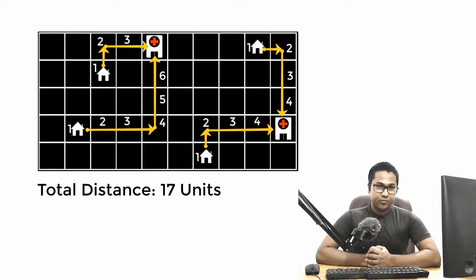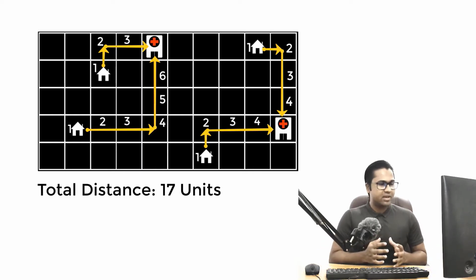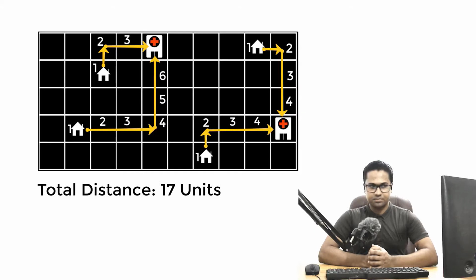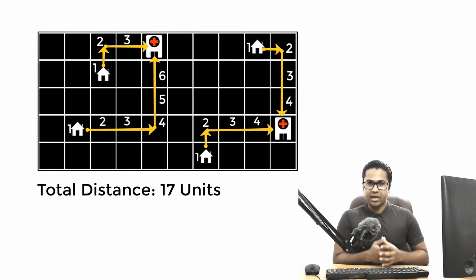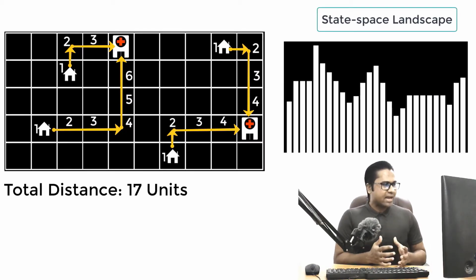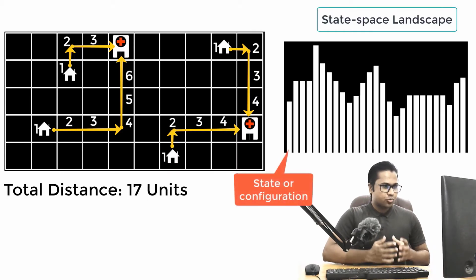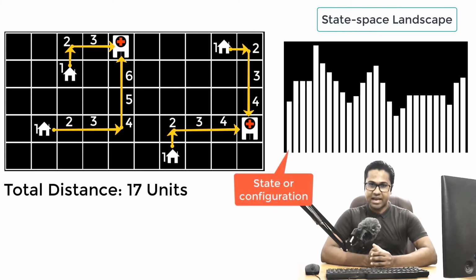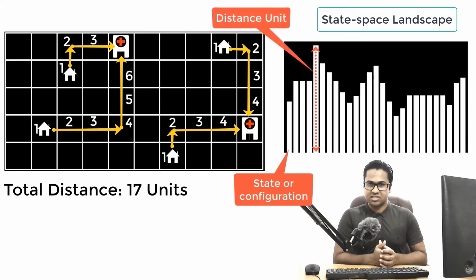It is easier to visualize problems in images. However, to apply optimization algorithms, we have to be a bit mathematical. We can represent this house and hospital configuration using a state space landscape. It is actually a bar graph. Each of the bars represents a specific state, and the height of the bar represents the distance units.